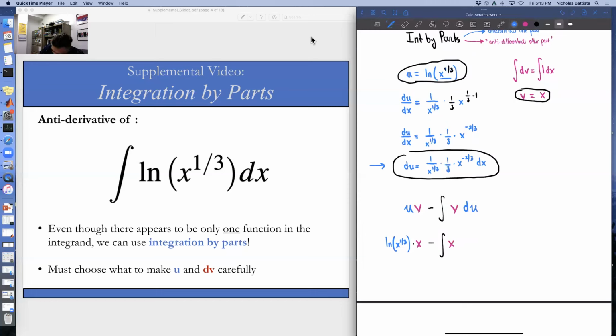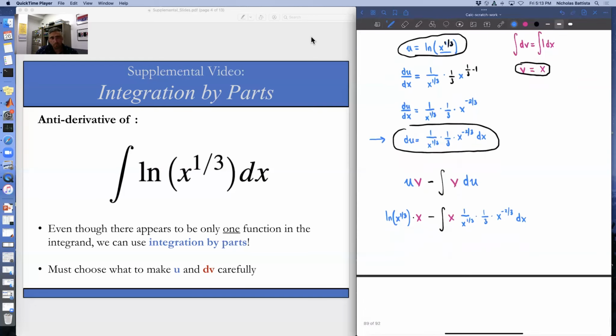But we'll see in a moment that we're actually going to be able to simplify a whole lot of this remaining integral. So we have 1 over x to the 1/3, a 1/3 coefficient, a x to the minus 2/3, and last but not least, that dx.